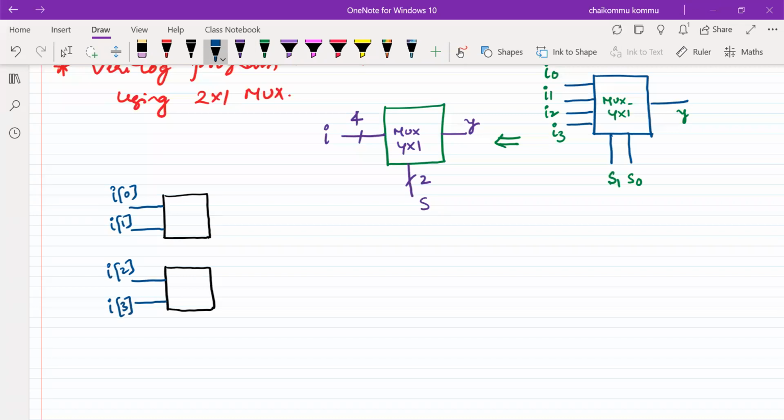Now I am going to produce only one output signal from each of these, and these will be converted into one output by taking another 2 cross 1 multiplexer. So this is the output Y.